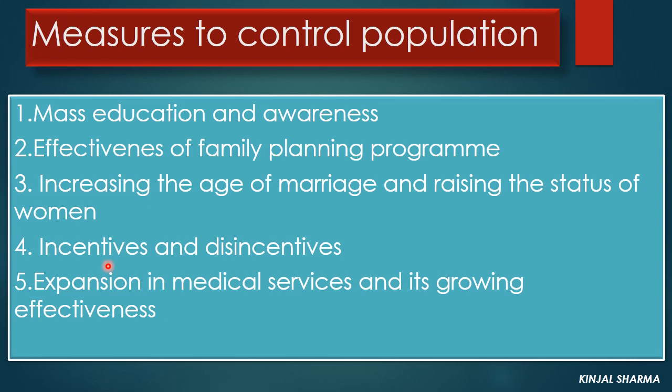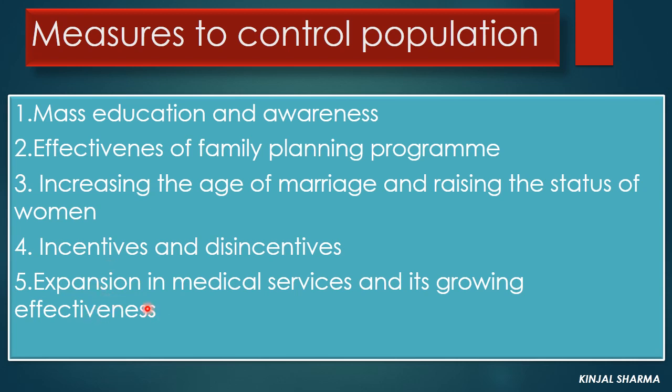China adopted a policy of disincentives, or discouragement, to control the rising population, in which a number of facilities are withdrawn from couples who have two or more children. But recently some relaxations have been given. And in India, in the elections of local self government, couples who have two or more children cannot contest in the elections.